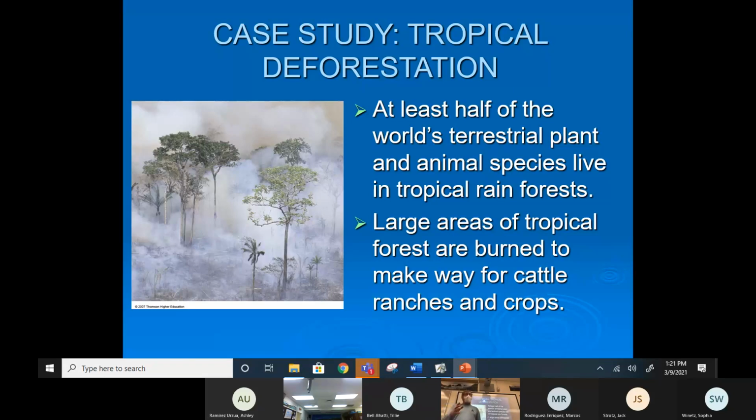And the ashes return some of those nutrients to the soil. Well, it turns out that tropical forests have very poor soil. So even after burning things and the ashes return the nutrients to the soil, they can only grow crops there for 5, 6, 7, 8 years. And they have to move on and cut down more forest.